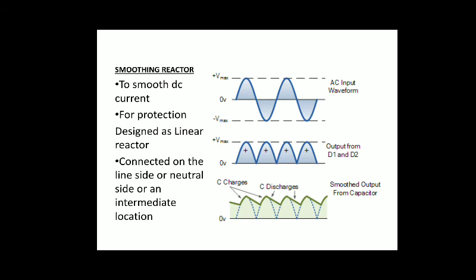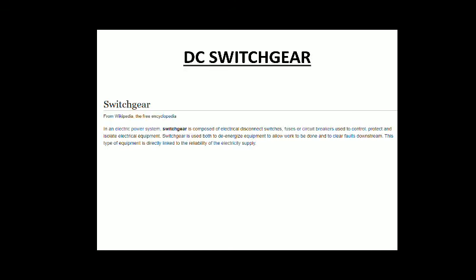The second one is the output of a full bridge rectifier, or full wave rectifier, and the bottommost picture is the filtered output. So after using the smoothing reactor on the second picture, the middle one, we will get the output as the bottommost picture. That is the working principle, or necessity, of the smoothing reactor in HVDC.